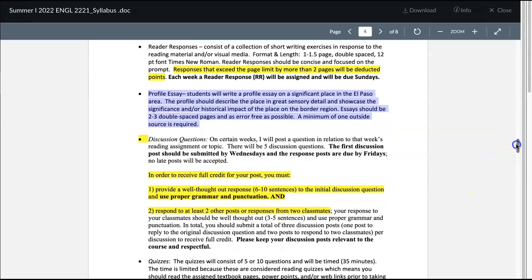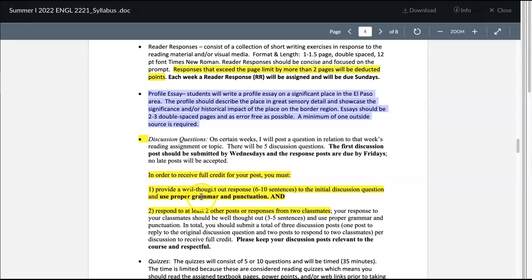We also have 5 discussion questions. Now, when it comes to the discussion questions, you want to go ahead and do 2 things. So basically, the first thing is you want to reply to my discussion question, which is the main assignment. You want to make sure that you respond in a well thought out paragraph or 2 paragraphs.